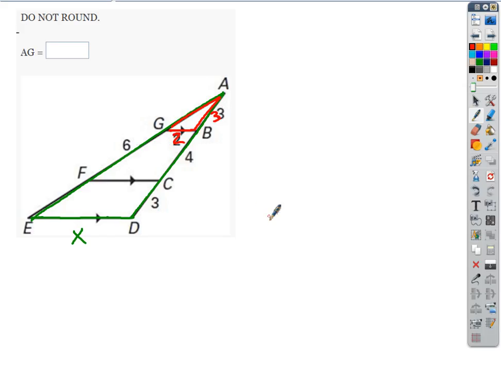For the big triangle, what's that whole side length there? 10 and x. So I can take the ratios of corresponding parts. So I could say small to big, 2 over x equals small to big. Right? Okay. Are we getting that stuff? Okay.